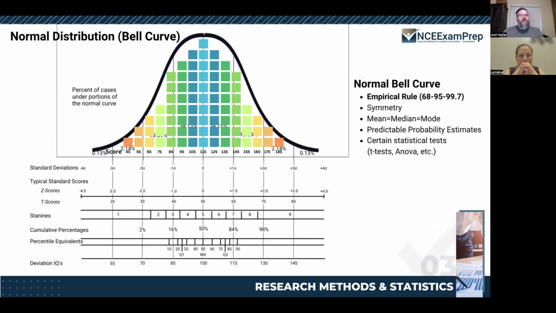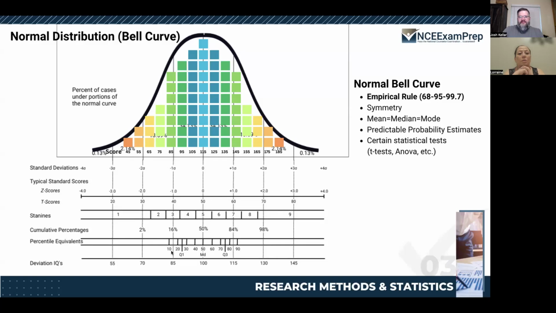And that's why this is helpful in statistics, it helps us understand what we can expect if more people take this test in future versions. There are also different tests that we can run on a normal bell curve, like t-tests, and we're not going to go into all of those today.